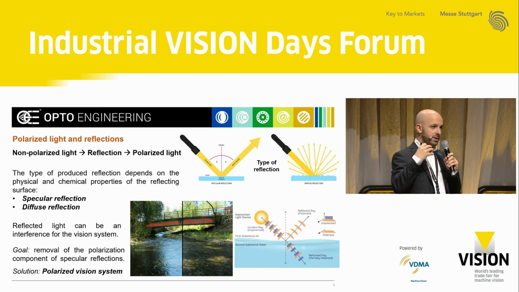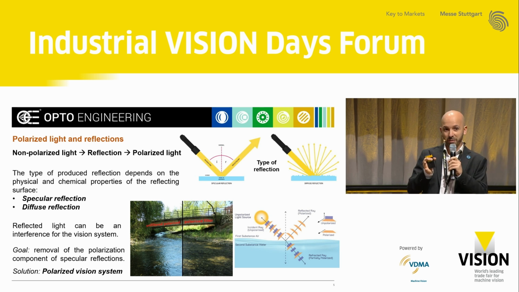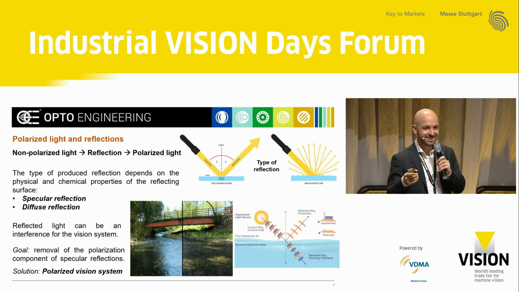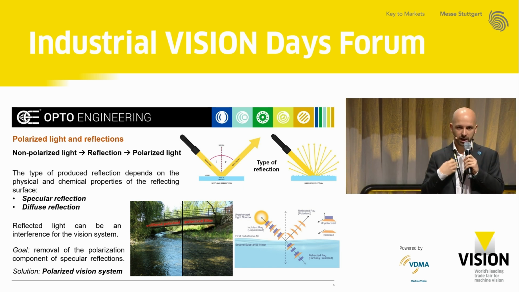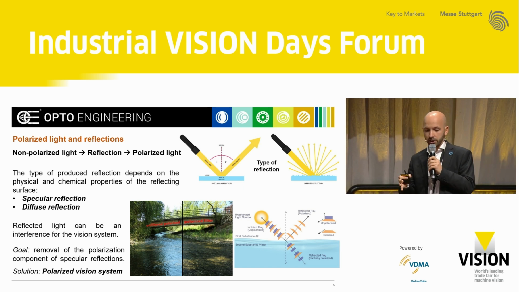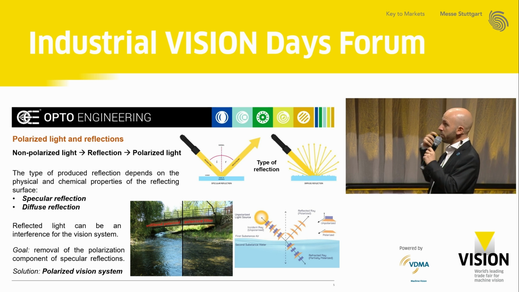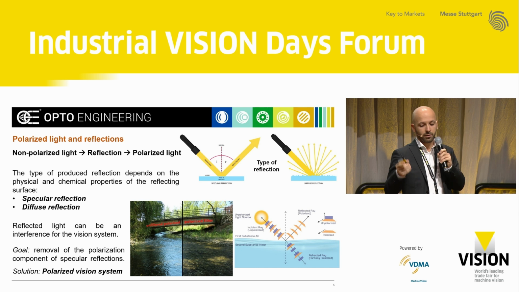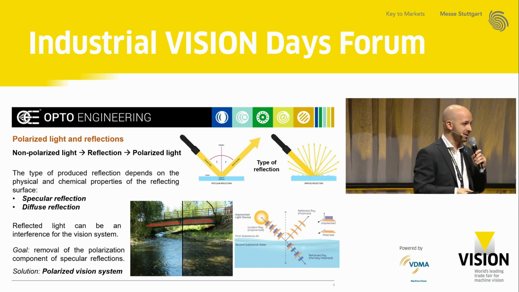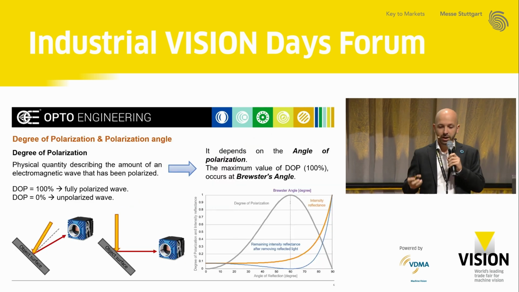In some cases, at some angles that we will see next, we have reflection that doesn't permit us to see inside the car. So our goal is to remove the polarization component of specular reflection, and a vision system can help us in this task.